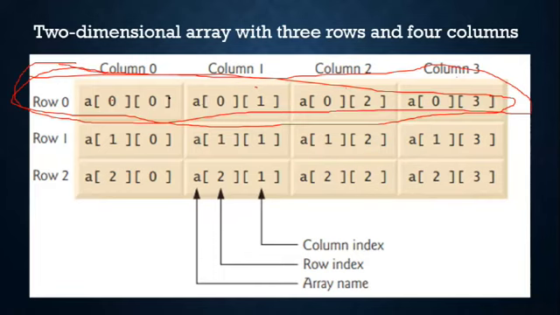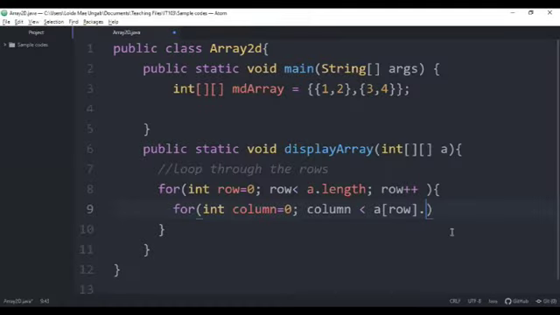Pilay length sa imuhang row? 1, 2, 3, and 4. Okay, so we will now go through each of these. Okay, so your column index should be less than our row length. And then we will increment it by 1.